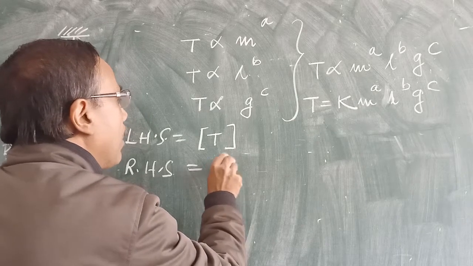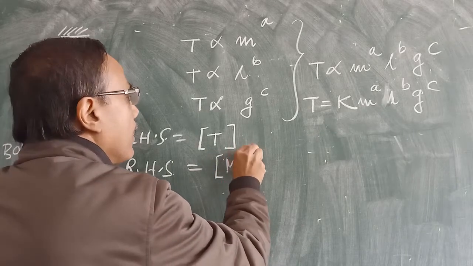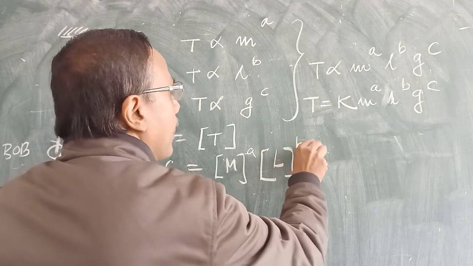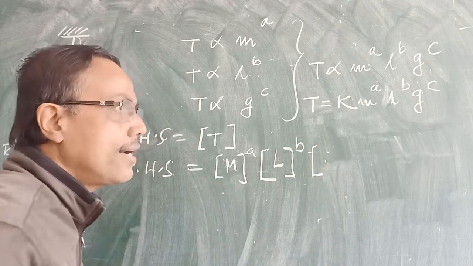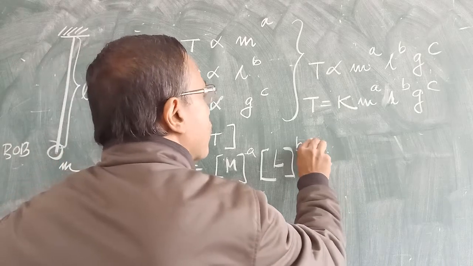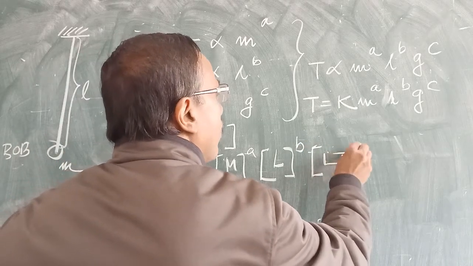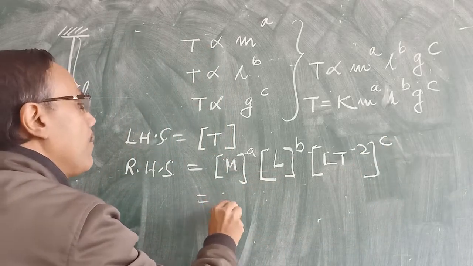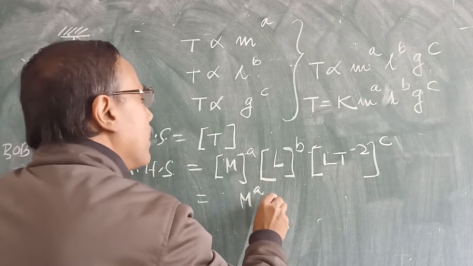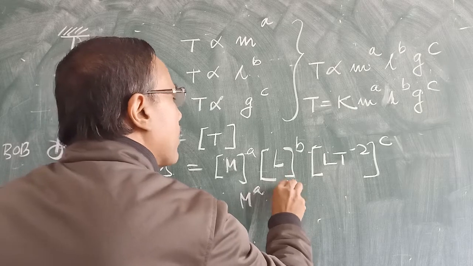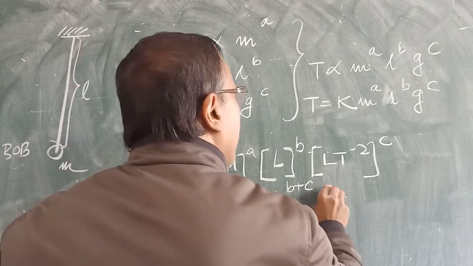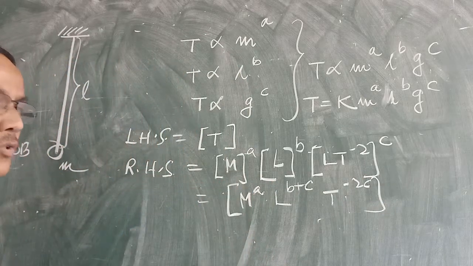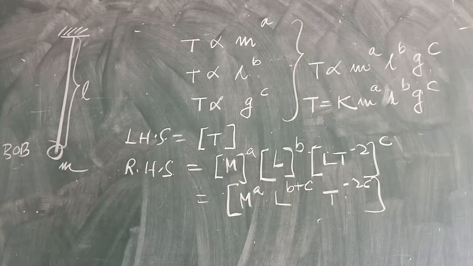So we will have to write m to the power a, then L is the length, so L to the power b, and then g means acceleration due to gravity, so it is actually L T to the power minus 2, all to the power c. Now if we simplify, this becomes m to the power a, L to the power b plus c and T to the power minus 2c.